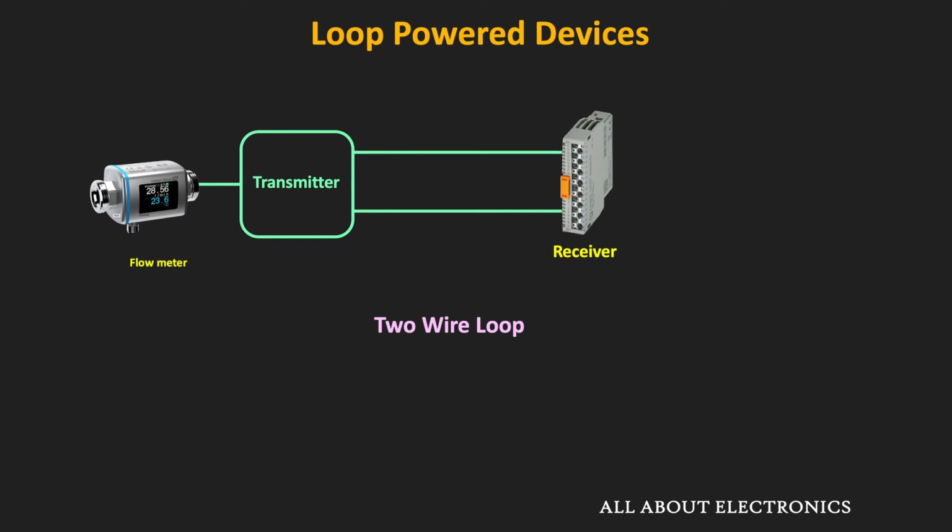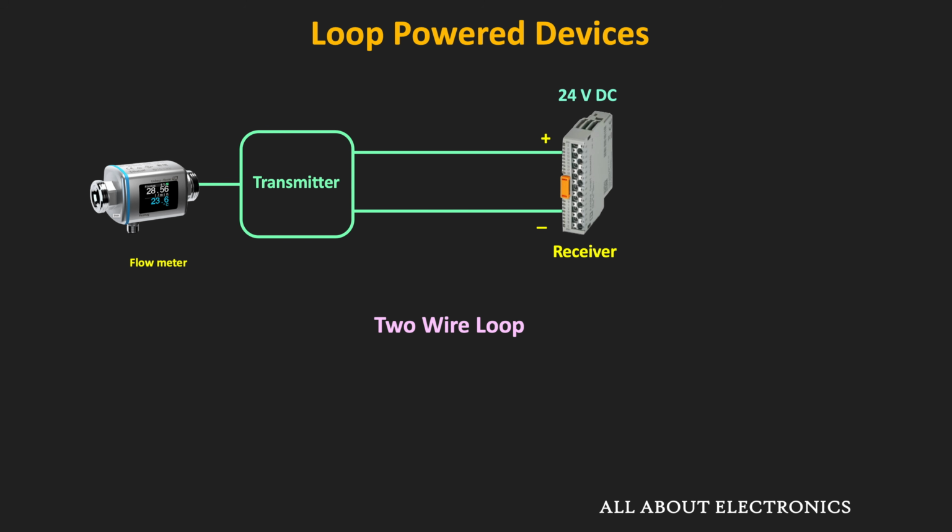That means they have the separate power to power up this loop. So typically, they provide the standard 24 volt voltage. And of course, over the loop, there will be some finite voltage drop. But still, even after the voltage drop, the sufficient voltage will reach to the transmitter. So using this voltage and the current that is as low as the 4 milliampere, it is possible to power up the circuitry inside the transmitter.